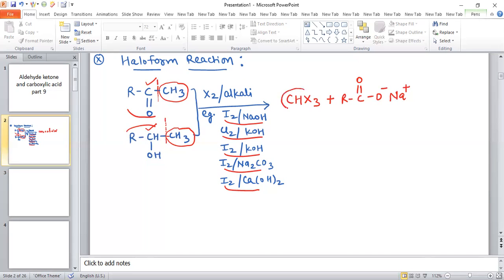So this haloform is obtained by this reaction. Because this CH3 gets converted into CHX3 haloform, the rest of the part will convert into the salt of carboxylic acid. In this way the product is obtained.